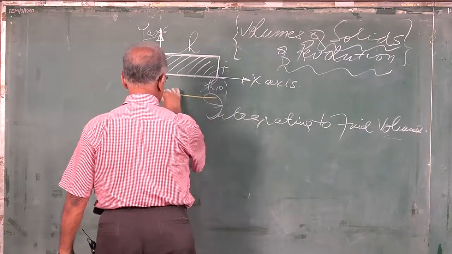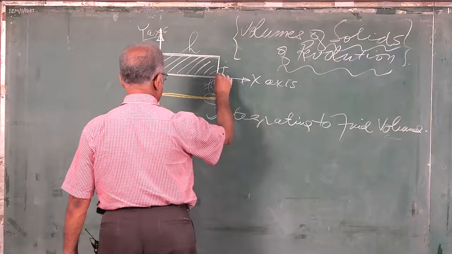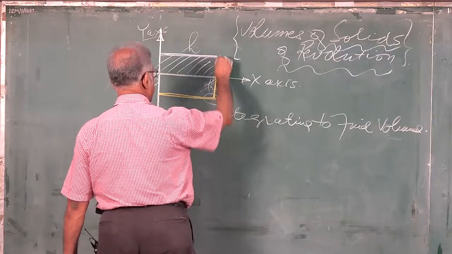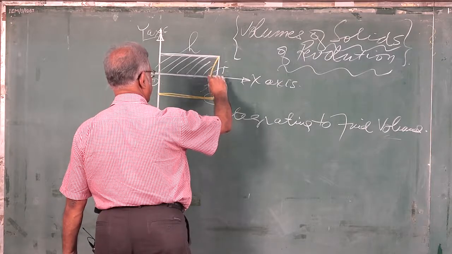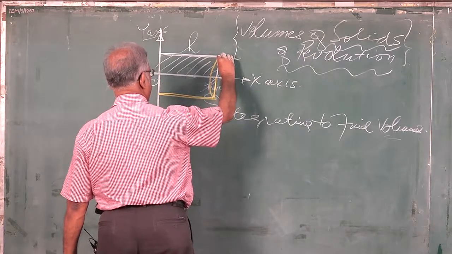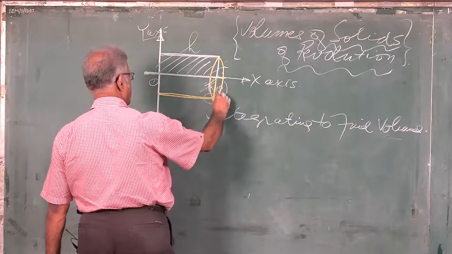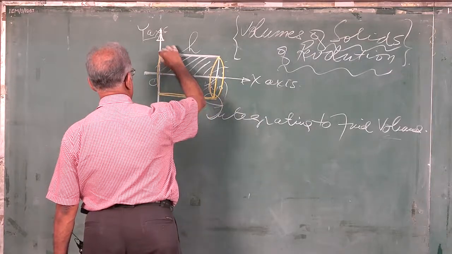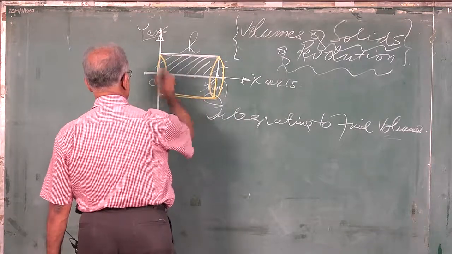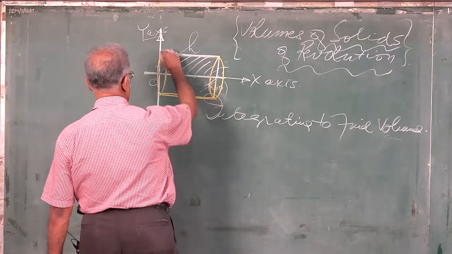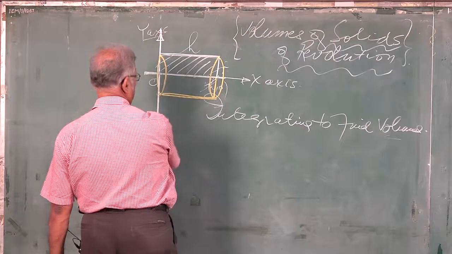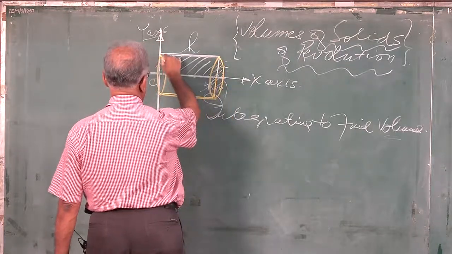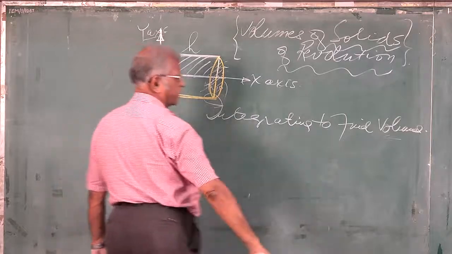If we make this area rotate about the x-axis, then we generate a cylinder, which is a solid of revolution. Of course, there is no part going this side, so this is the last part of the cylinder. Just for understanding, I am doing this.